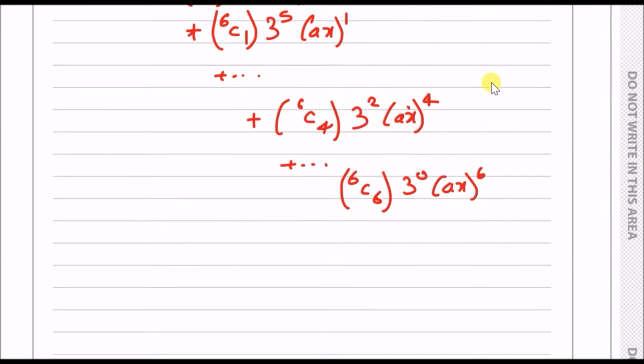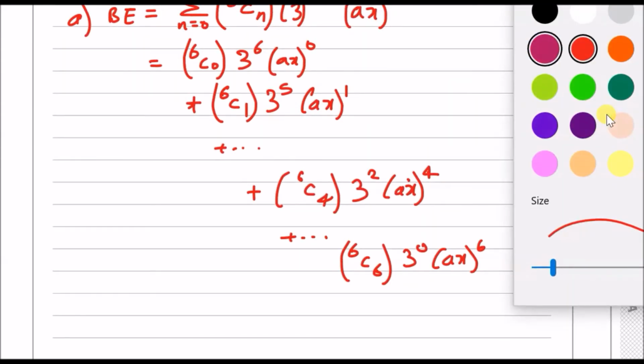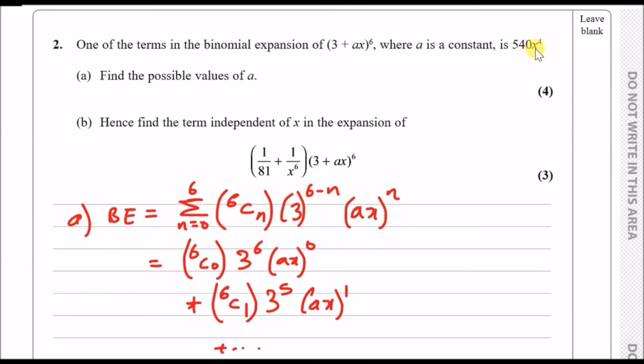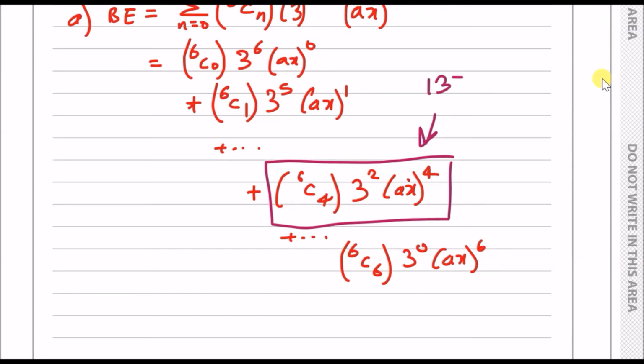Okay, so just ignore the other terms. Now, because they want us to match some term which is x to the power 4, we're actually looking at this term right here. And if you put 6 choose 4 times 3 squared in your calculator, you'll get 135, and then you can just expand this little bracket.